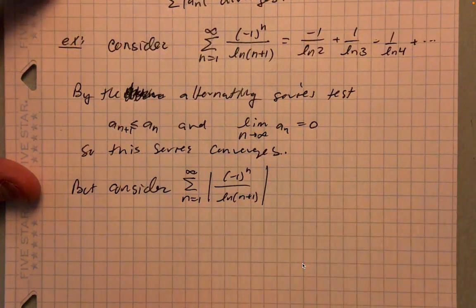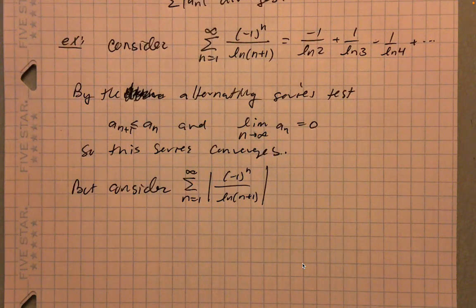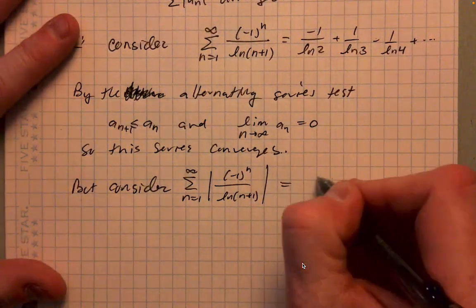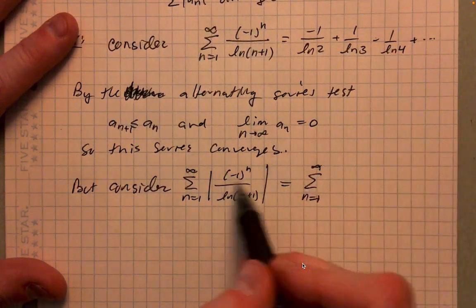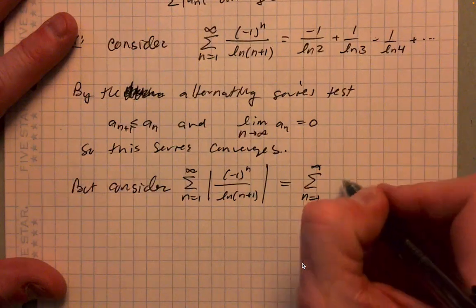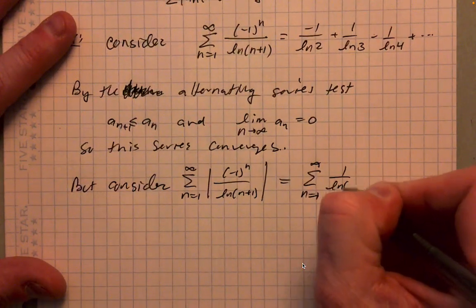But consider the absolute value series. Now we're just going to use direct comparison on this. Let's write it out first. When we take the absolute value, that nullifies the negative, so you'd end up with just 1 over the natural log of n plus 1.